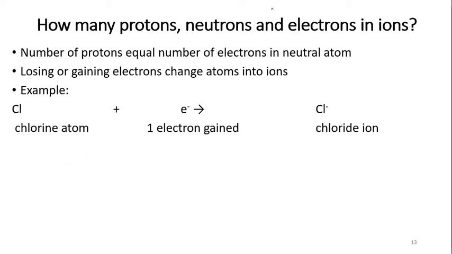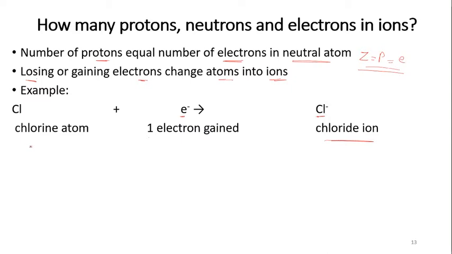How many protons, neutrons and electrons are there in ions? The number of protons is equal to the number of electrons, like we said before. Z is equal to the number of protons and equal to the number of electrons. This happens in a neutral atom. But what happens if the atom loses or gains electrons? This would change the atom into what we call an ion. Example: a chlorine atom usually gains 1 electron, and it transforms by that into a chloride ion.